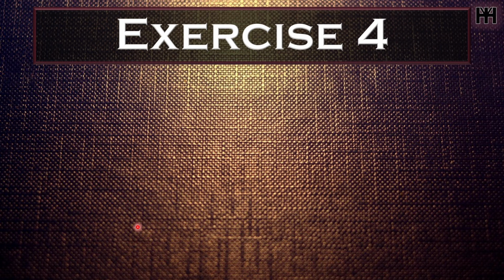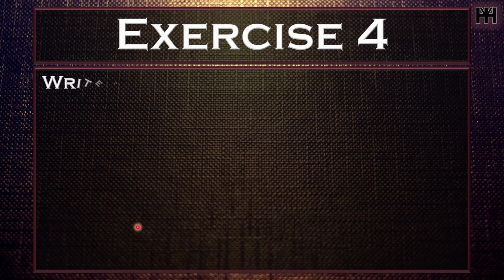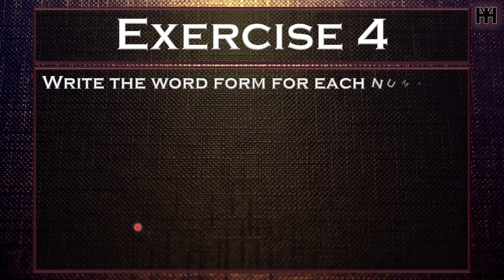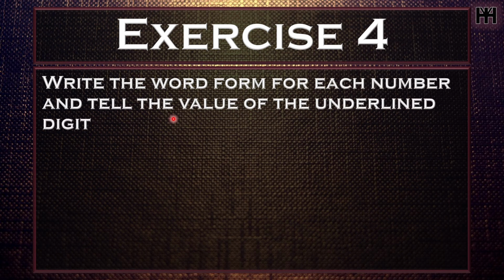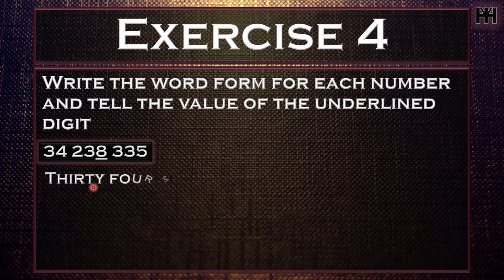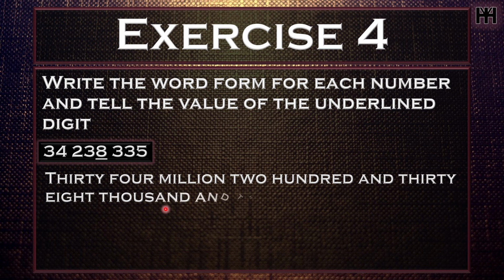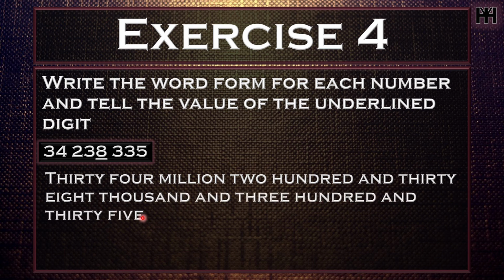Exercise 4. Write the word form for each number and tell the value of the underlined digit. Let's say we have 34,238,335. You'll write that in words.